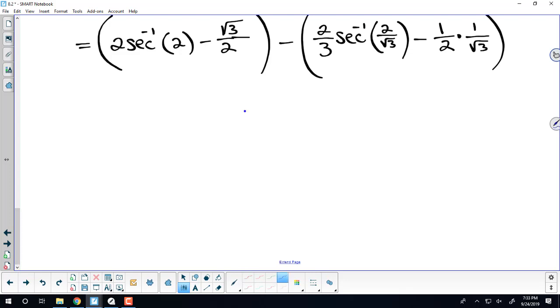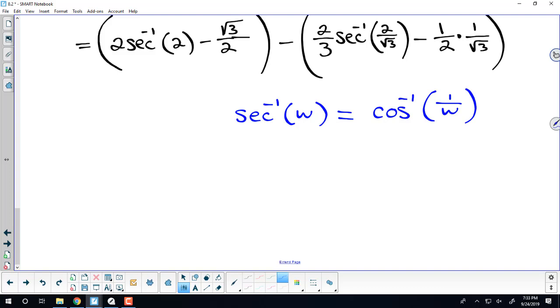So we'll just write it like this: the inverse secant of W is the inverse cosine of 1 over W. So the inverse secant of 2 is computed by saying, well, what's the inverse cosine of 1/2? And inverse secant of 2 over root 3 is, we're asking, what's the inverse cosine of root 3 over 2?